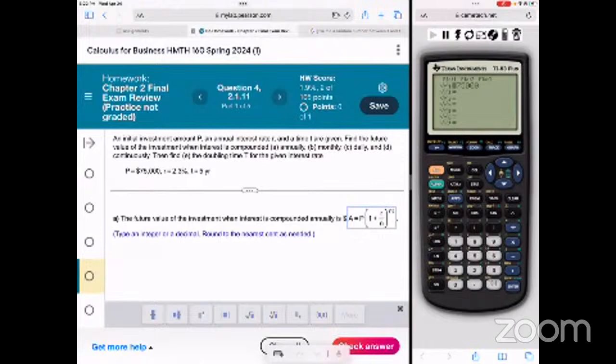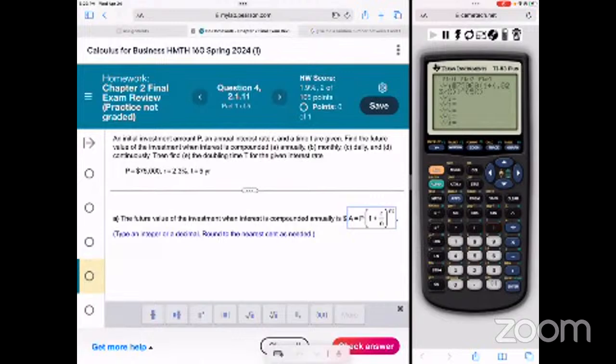So we got the 75,000. They gave us P, parentheses, 1 plus our rate. So 2.3% is going to be 0.023 as a decimal. Now our N is going to be changing, so I'm going to say divided by X. Then I'm going to say to the power of 5 because it's 5 years, so 5 times X, because we're just replacing N with X. That way we can only change our N and get the answer for each one, right?